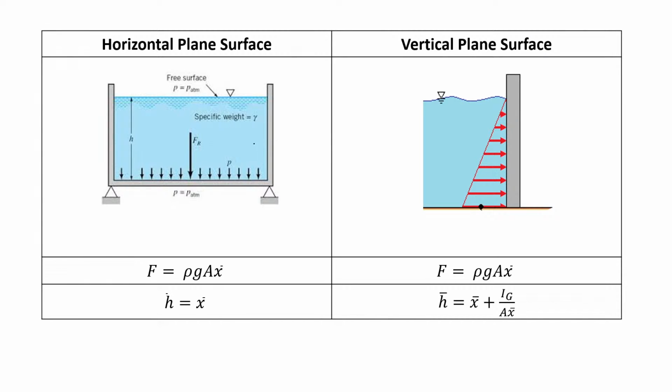For the horizontal plane surface, we can find this force as rho g A x bar, where x bar is the distance of the CG of the plane surface from the free surface of the liquid.